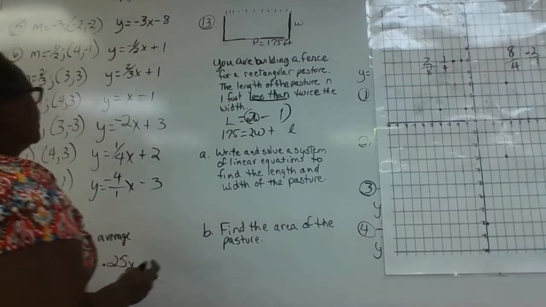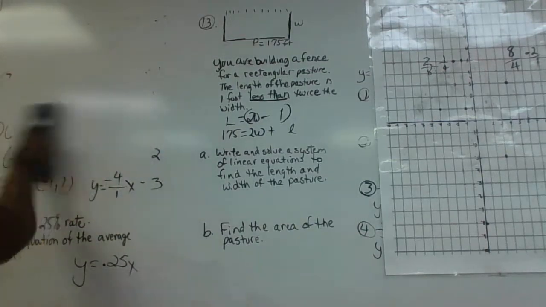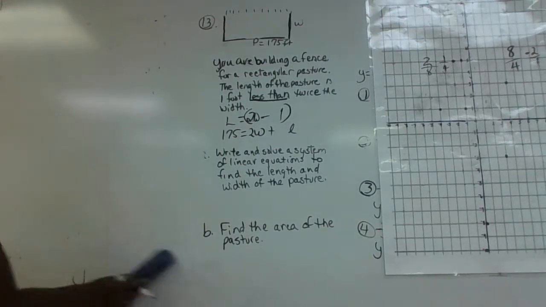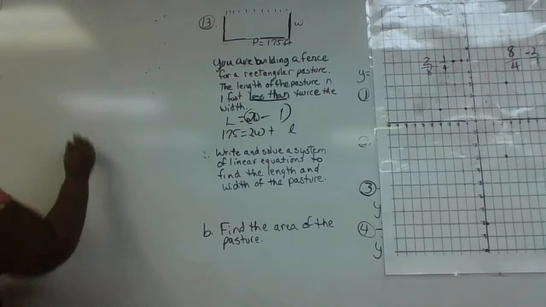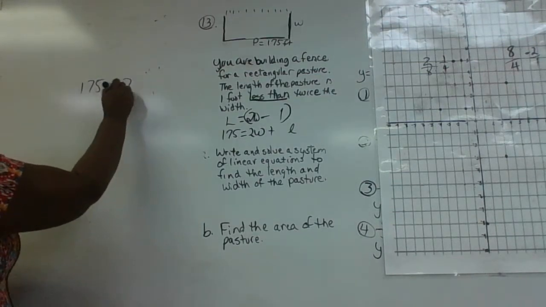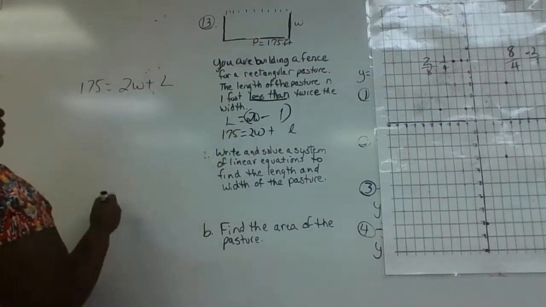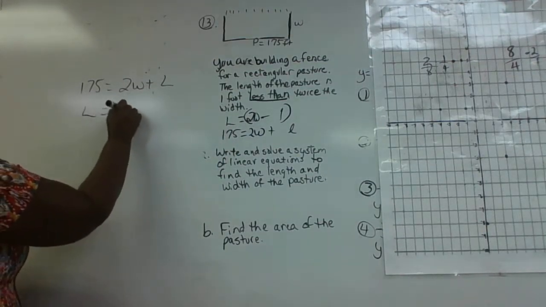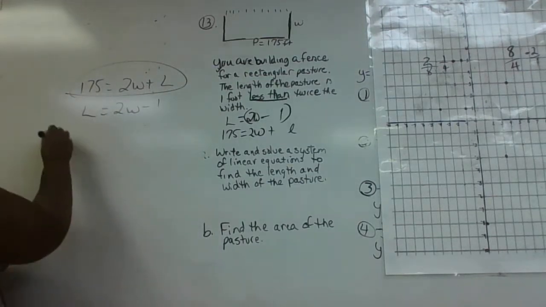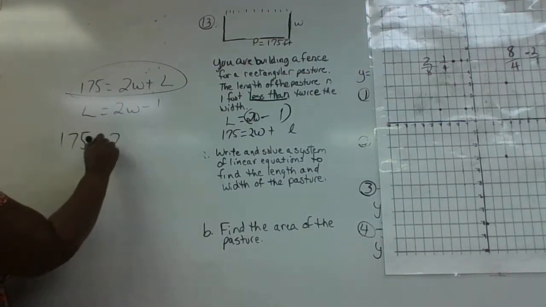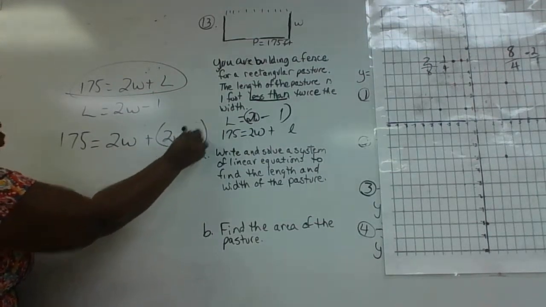So I need a little space. Give me a little room. So we're going to use over here. You see that? Good. So then if 175 is equal to 2W plus L, and we know that L is equal to 2W minus 1, then we're going to use this equation to solve. 175 equals 2W plus, in this case, 2W minus 1.